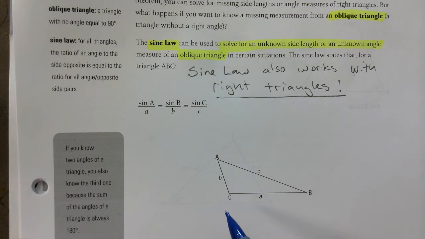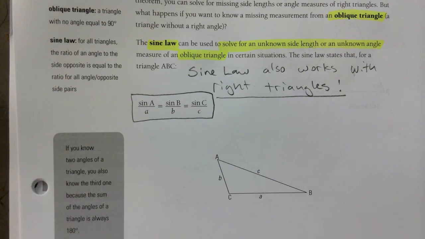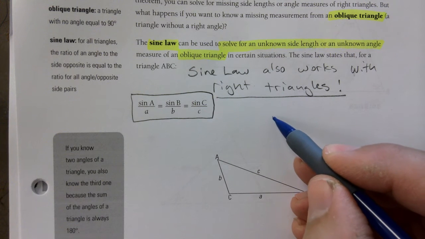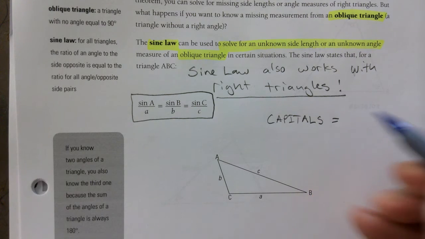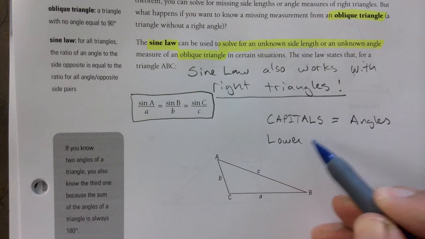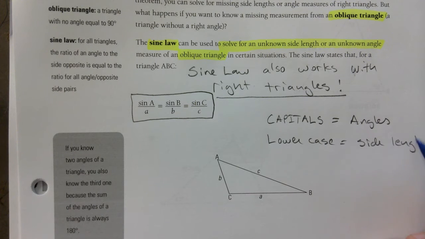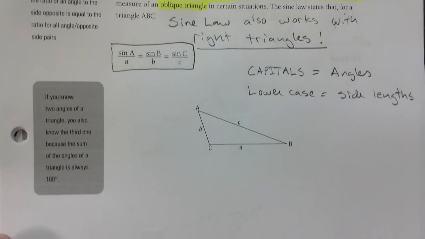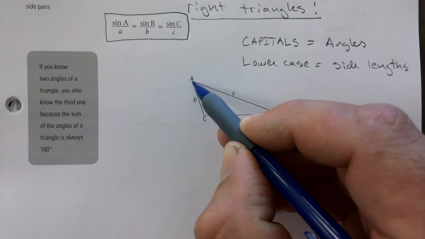right? Here it is. So basically, before I start with the formula, which you should have on your study sheet, right? I will just say this: capitals refer to angles, and lowercase side lengths. Okay, just remember that. And the conventional way, usually if capital A is here, that's the angle you're talking about.